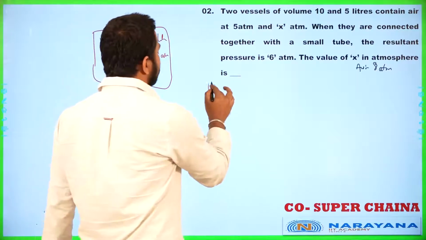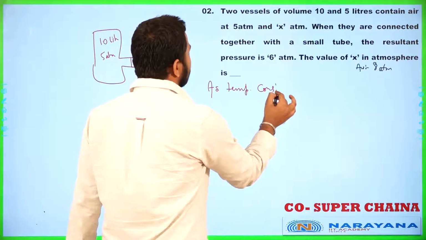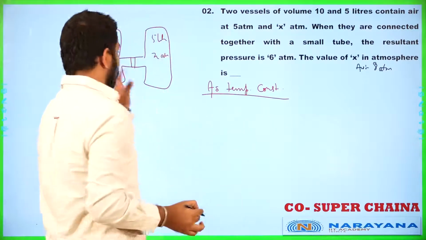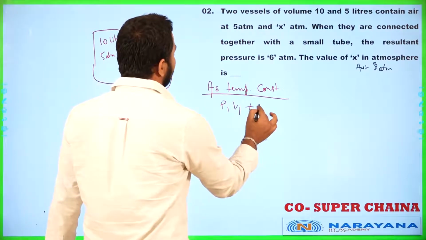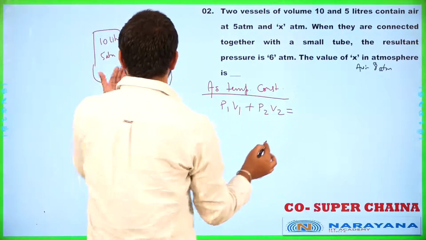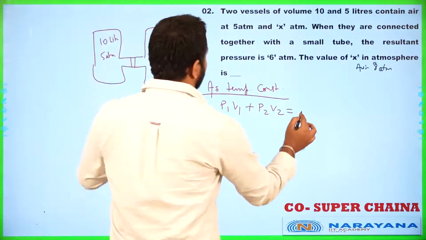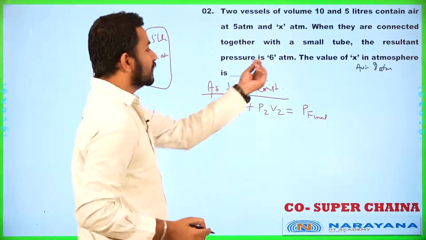As the temperature is constant in this whole process, we can write P1 V1 plus P2 V2 equals P final into V final, which is given as 6 ATM.